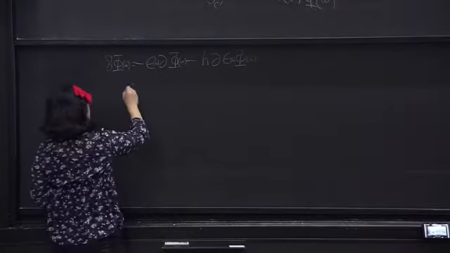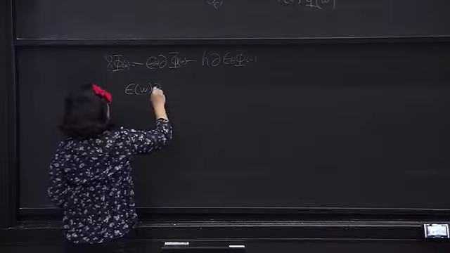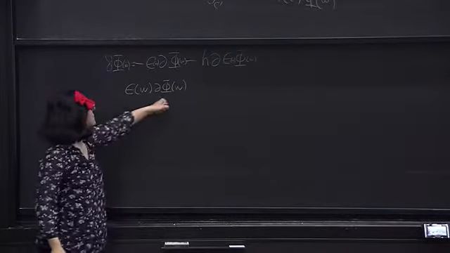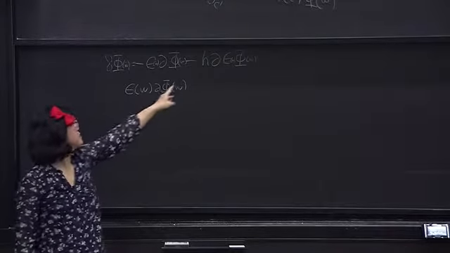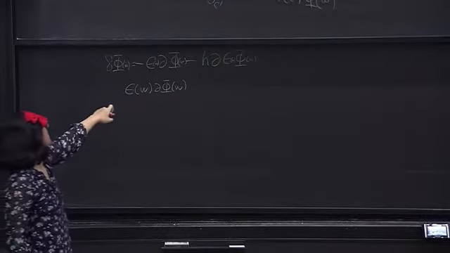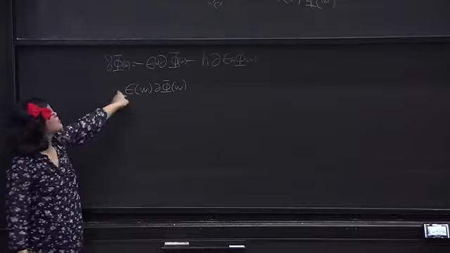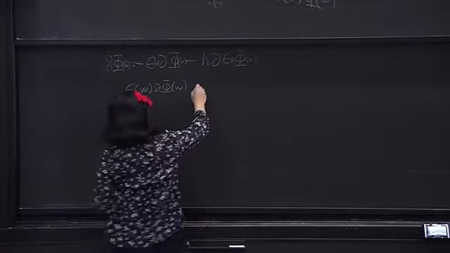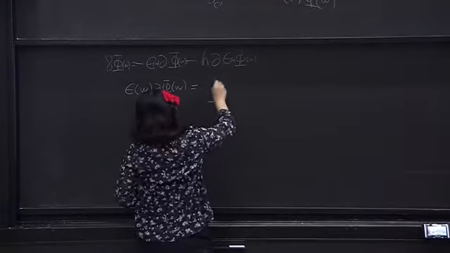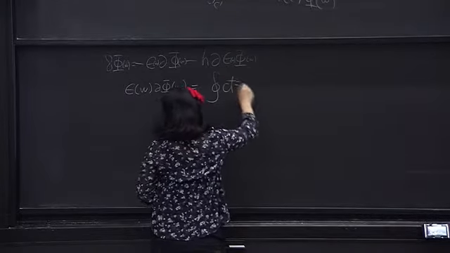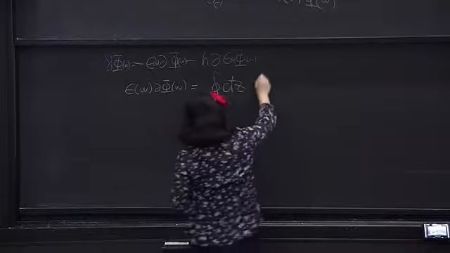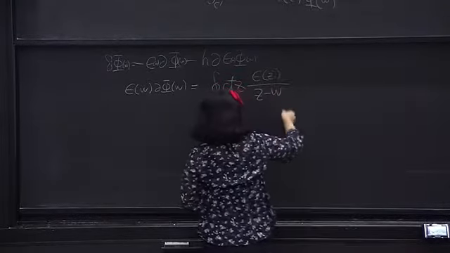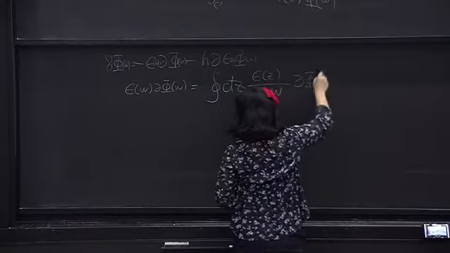If we look at this term, it seems to be fine. I have phi at w already. This other term is problematic. I want it to be somewhere else, at z, for example. So I'm going to write this as the contour integral of epsilon(z) over z minus w, and this guy is just tagging along.